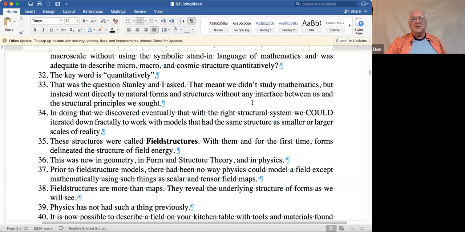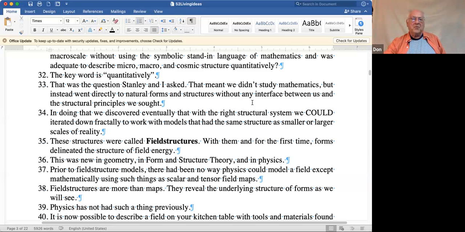That meant we didn't study mathematics, but instead we went directly to natural forms and structures without any interface between us and the structural principles we sought. In doing that, we discovered eventually that with the right structural system, we could iterate down fractally to work with models that had the same structure as smaller or larger scales of reality.